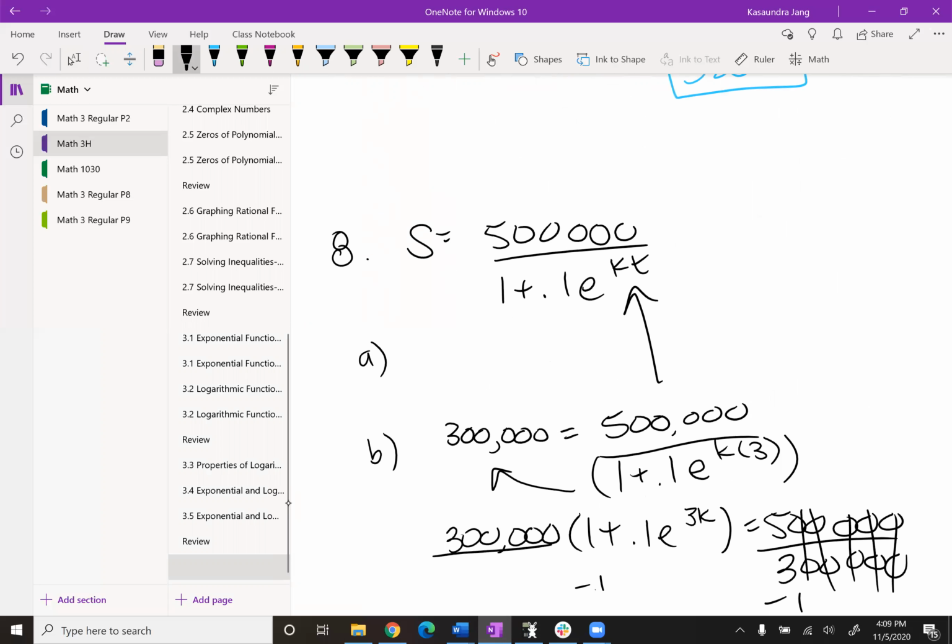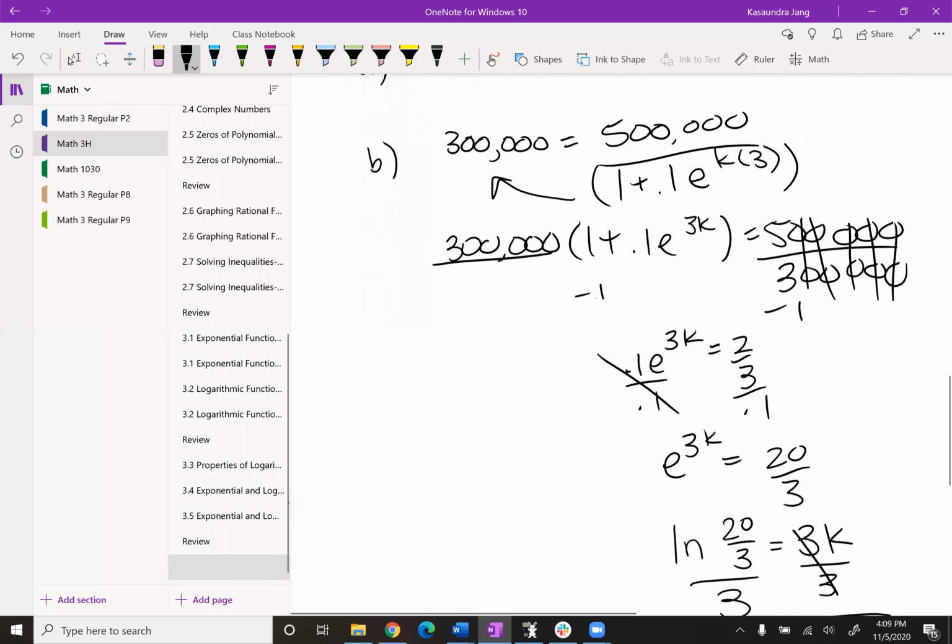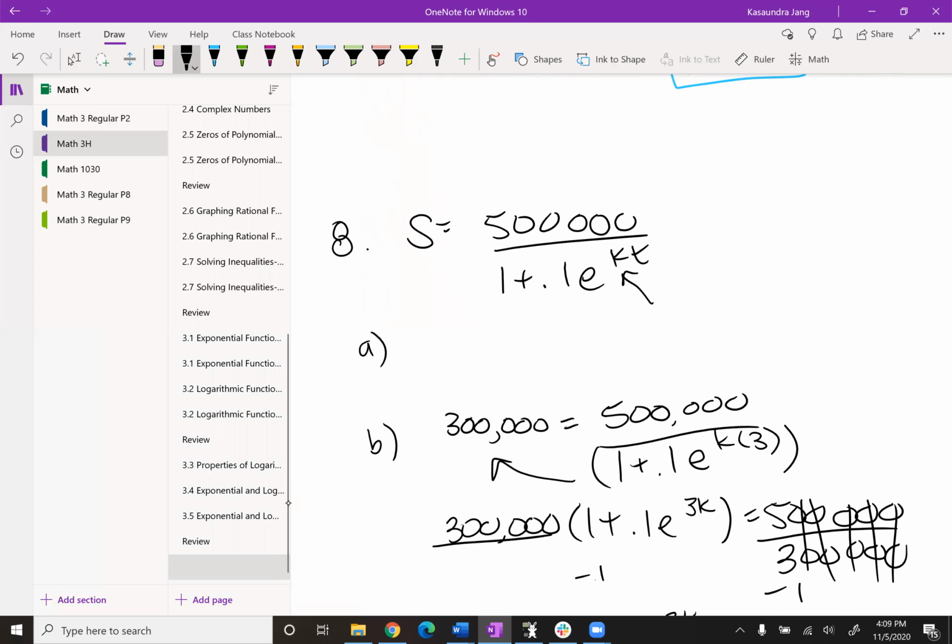So we already found, that's why I wanted to do B first, I just found what the k equals. So I'm going to put that 0.632 in my problem. Yours might be a little different, but I put that 0.632 in for the k. And they want you to solve for the s when you are now 11 years later. So I'm going to put an 11 in for the t.